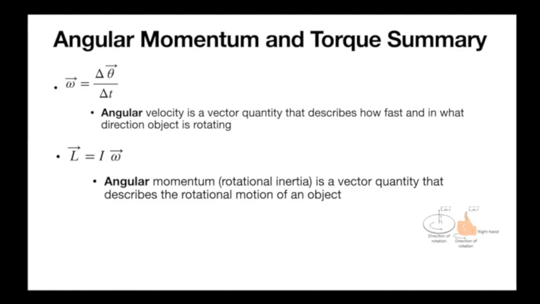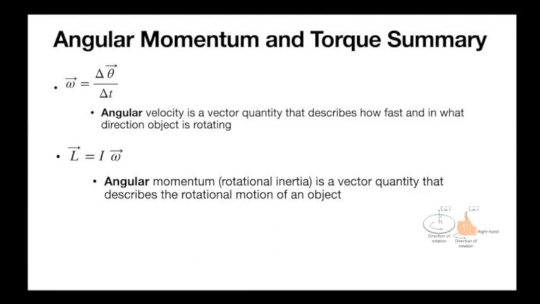Angular momentum we get just by multiplying that angular velocity times an angular mass, which is called rotational inertia or moment of inertia. We know how to calculate that. And we get a vector that's just scaled by this rotational inertia, so it's in the same direction as our angular velocity.